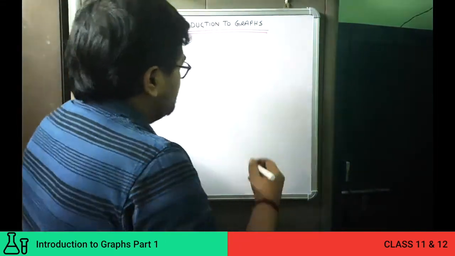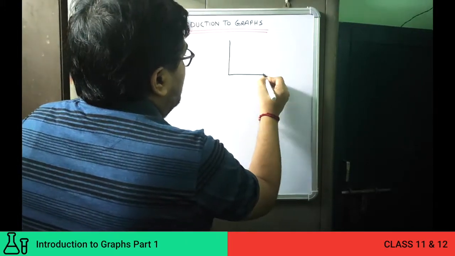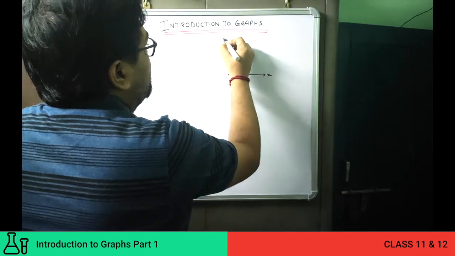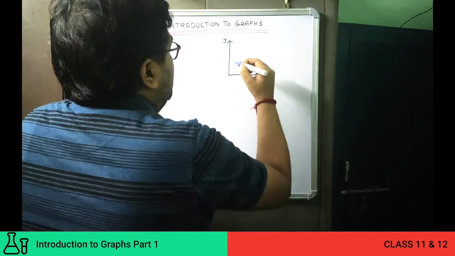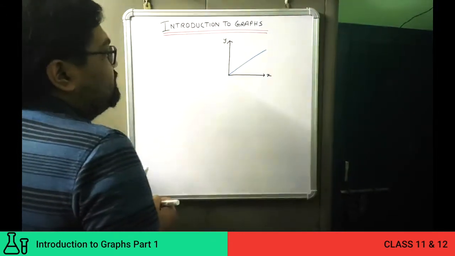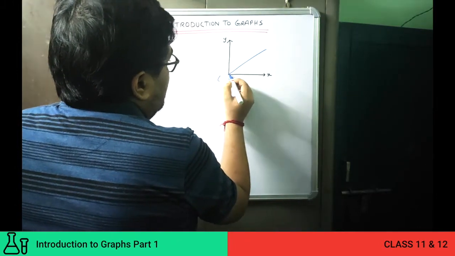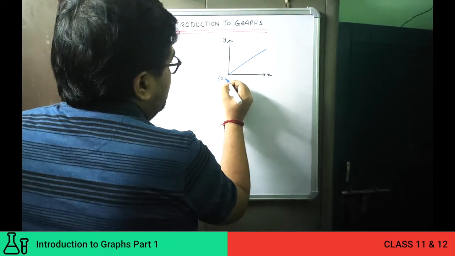Okay, let us take two axes. One is the x-axis, another is the y-axis. Now, if I draw a line that is passing through both the axes having the coordinates, see here the coordinates of x and y is 0, 0.